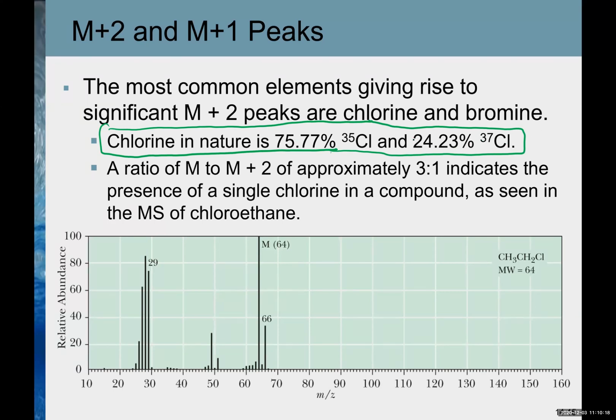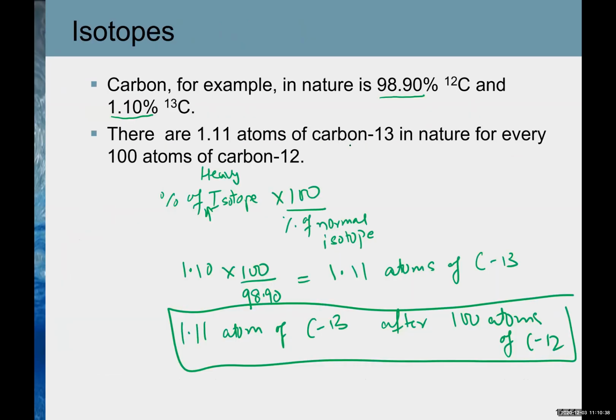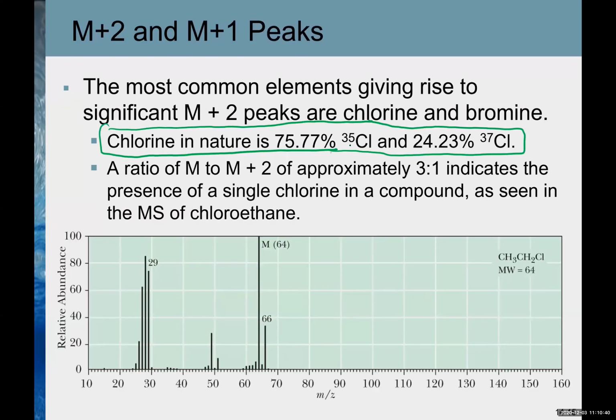So the heavier isotope is 24.23% and the normal isotope is 75.77%, which is Cl35. Calculate, for every 100 of Cl35, how many Cl37 atoms are present. So you need to use the same formula which we used here, and calculate the value and then let me know.